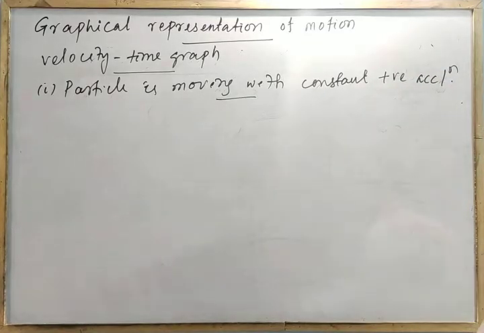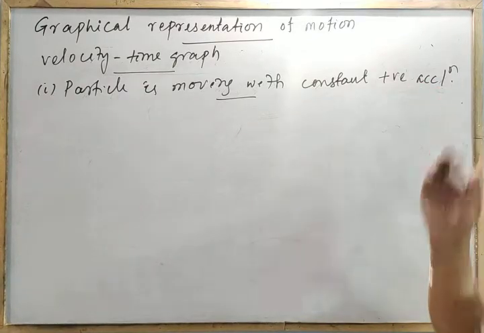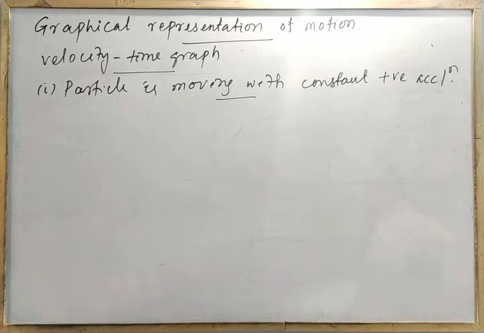Now I will ask you, what is the velocity-time graph? As the time passes, velocity goes on increasing because the particle has a positive acceleration. Hence, the velocity-time graph for a particle moving with a constant positive acceleration will be a straight line inclined to the time axis.